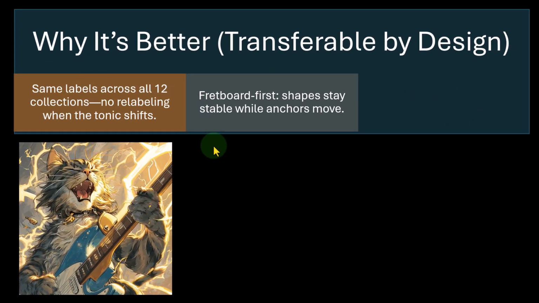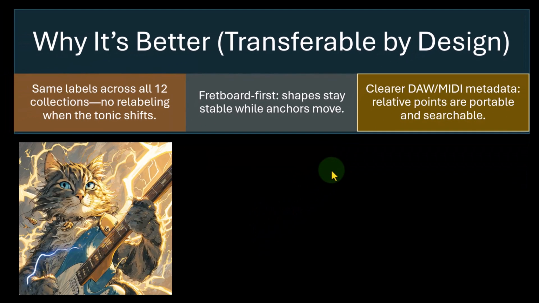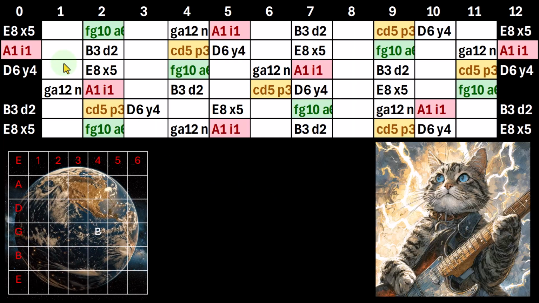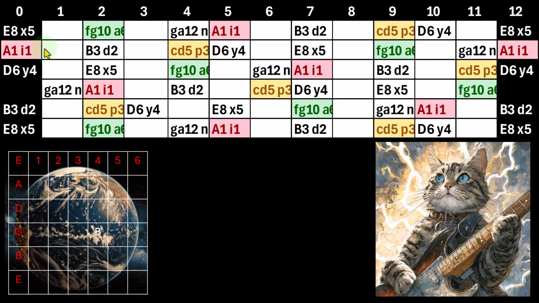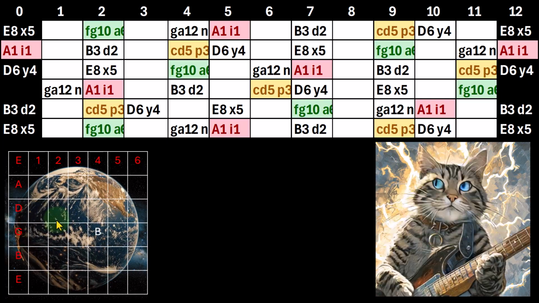Fretboard first, shapes stay stable while anchors move. So it's clearer: DAW, MIDI, metadata, relative points are portable and searchable. So in other words, here's another look at the fretboard. If we think about this as the planet, we have the continents, we've got the oceans, right?